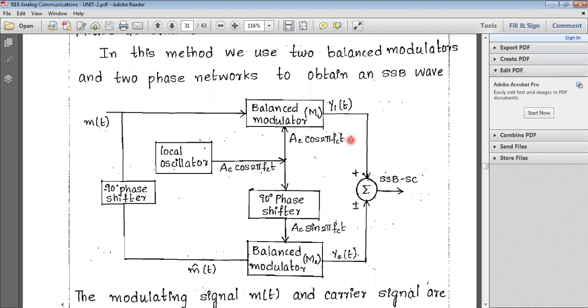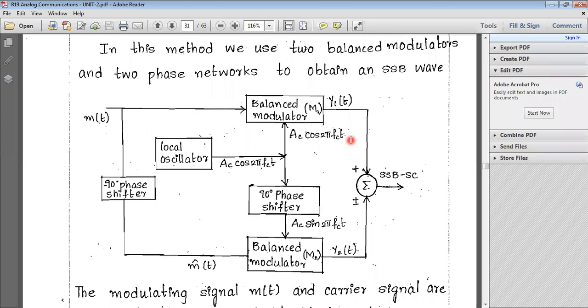Now, what is the output of the first balanced modulator? We considered it as y1(t), which is a product of m(t) and Ac cos 2 pi fct. Now coming to y2(t). This m(t) is not directly connected to the balanced modulator. It is shifted by 90 degrees.